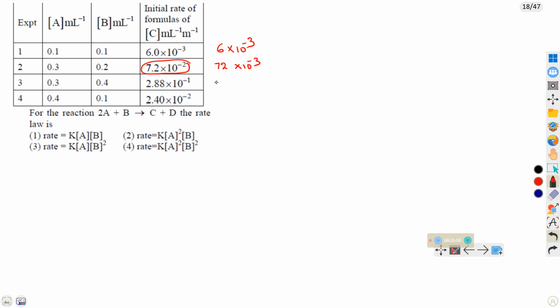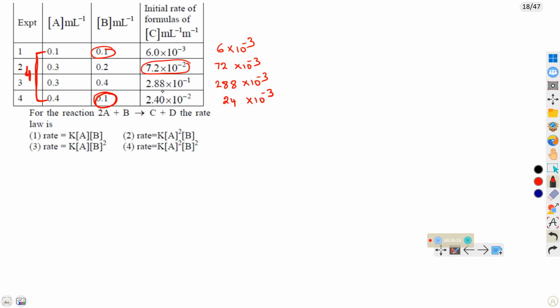Third one as 288 into 10 power minus 3. Fourth one as 24 into 10 power minus 3. Now you can check it. From first step to fourth step, B term is constant. Concentration of A increases how many times? 4 times.